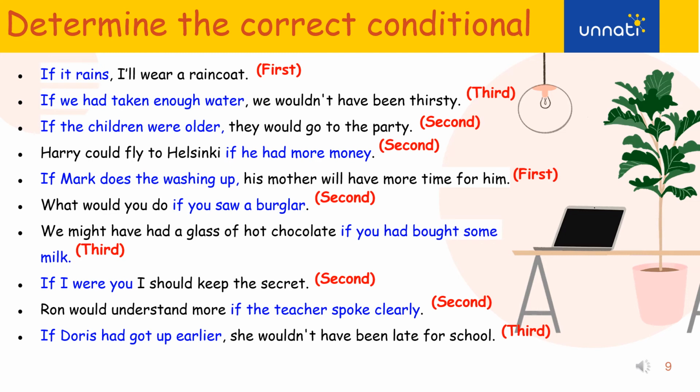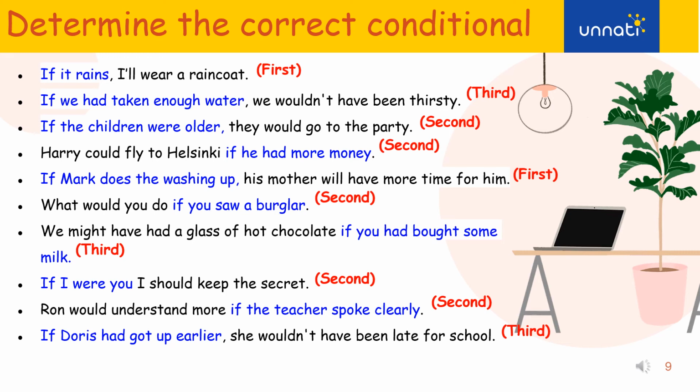If the children were older, they would go to the party. If the children were older, condition; they would go to the party, result. Take a note. If the children were older, simple past; they would go to the party, simple past. Hence, it is a second conditional sentence. Harry could fly to Helsinki if he had more money.